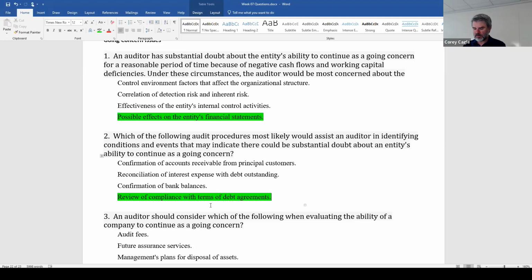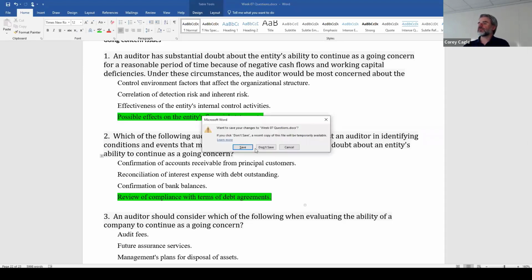Are there legal proceedings, loss of a license or patent or key franchise, principal customer, supplier, things like that? It's all listed on a little checklist here. So nice and handy in the real world. All right, so that takes care of everything from last week.